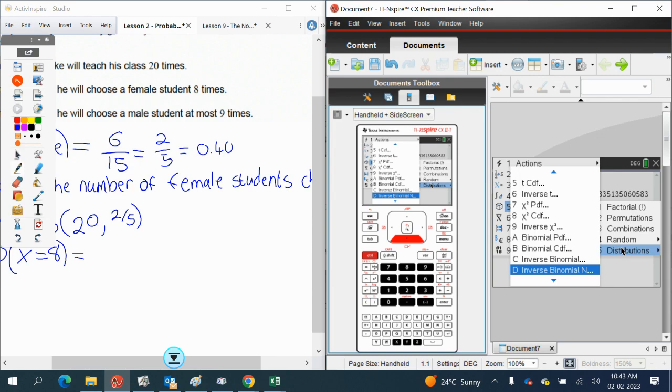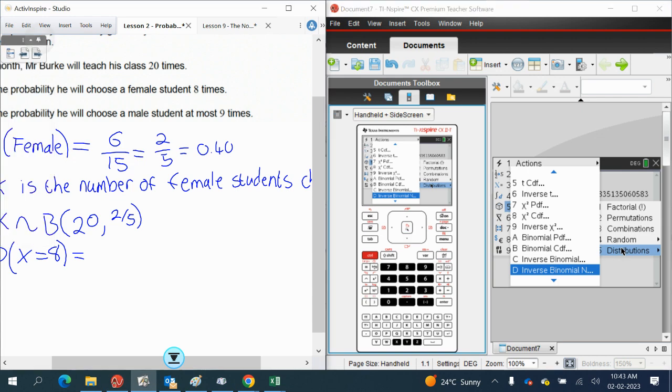PDF is to find a particular value when your probability has an equal sign in it. So when you say the probability is equal to something. CDF is we're going to find a collection of values, a cumulative value. This is when your probability has an inequality in it, when it's less than or equal to or greater than.